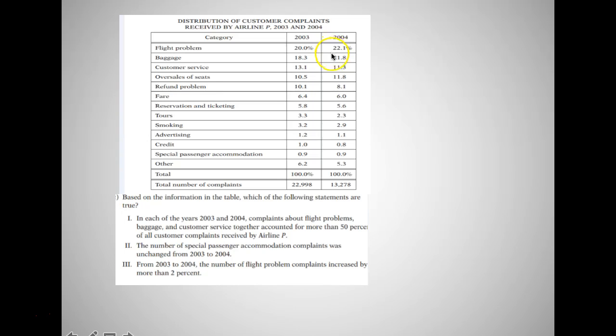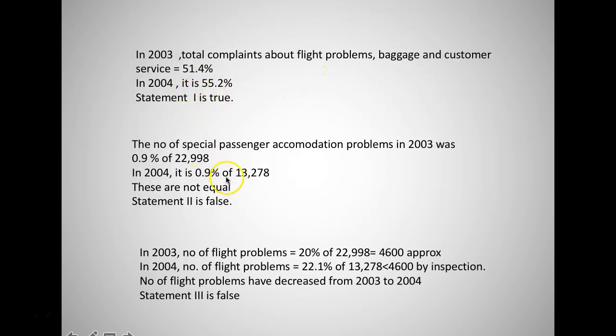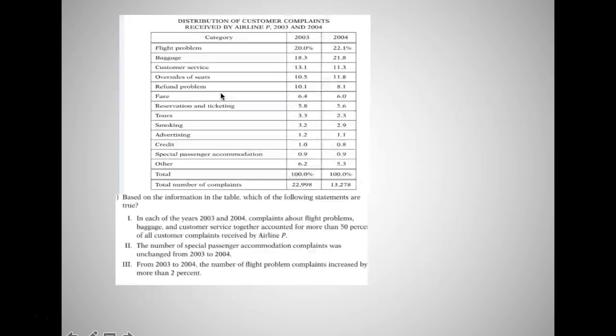In 2004, 22.1, 21.8 and 11.3. When you add it you get 55.2%. So the statement is true. That is, the number of complaints received from flight problems, baggage and customer service accounted for more than 50% of all customer complaints.